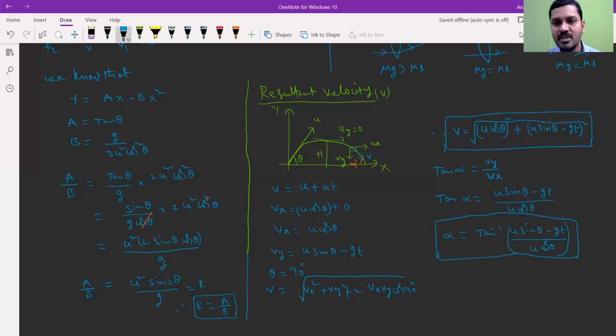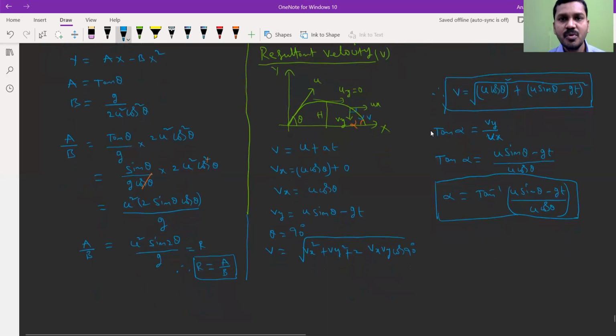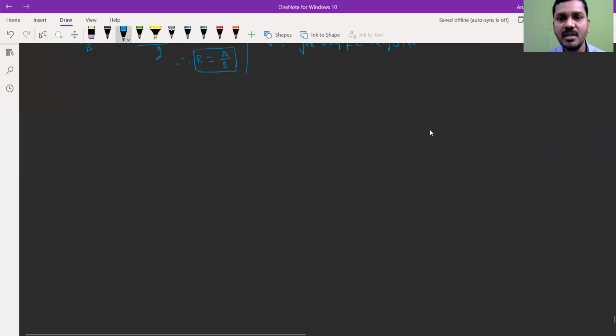Right, next a small problem. If the projection angle theta is 45 degrees, we have to prove that the maximum height of a projectile body is 1/4 of its range. According to this problem, the angle of projection theta is 45 degrees, and we have to prove that the maximum height h = 1/4 × range.